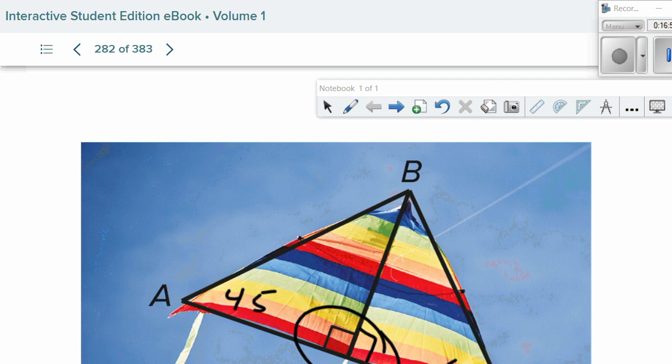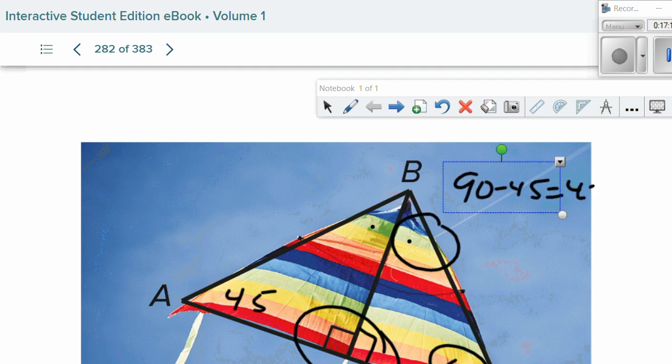So if I'm trying to find the angles up here, which they're asking me to get one of, they should be complementary. So this angle here and this angle here should add up to 90. Well, if I go 90 minus 45, I'm going to get 45 degrees. So if this guy's 45, then this one has to be 45. So I get you the angle that they're asking you to find.